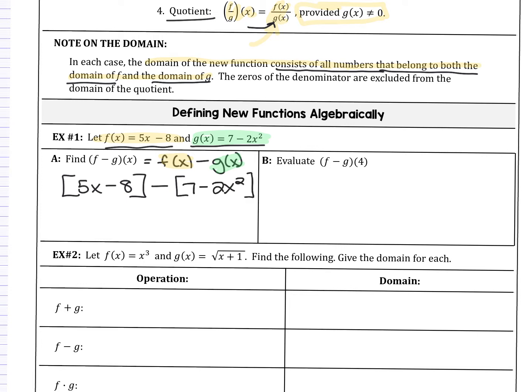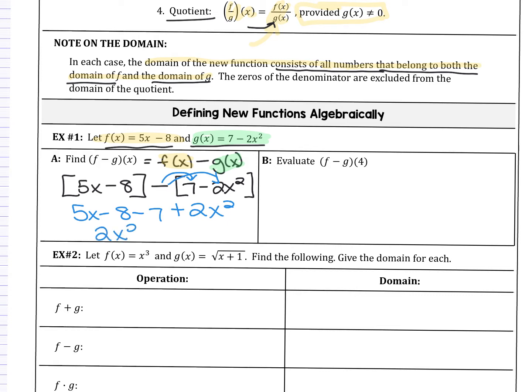And when I simplify now, when I actually calculate the difference, this subtraction sign in front of g is really like an opposite sign that needs to be distributed to the entire function. So I have 5x minus 8, and if I distribute the minus sign, I get minus 7 plus 2x squared.